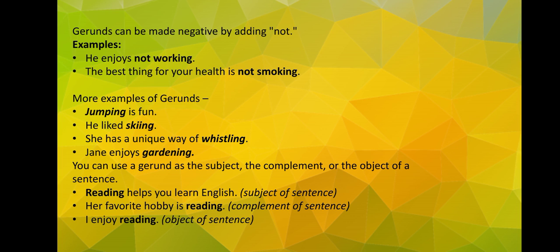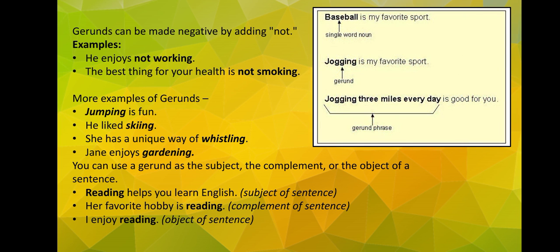Her favorite hobby is reading, where it comes as a complement in a sentence. And in the last, it acts as an object. I enjoy reading. So, a gerund can act in three different ways in a sentence: as a subject, a complement or an object.